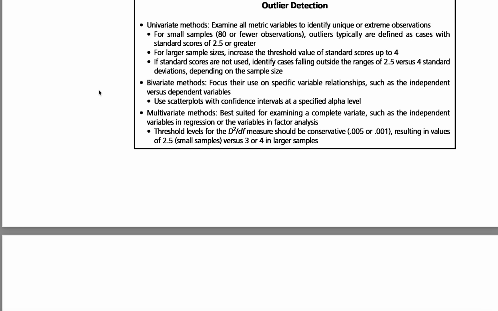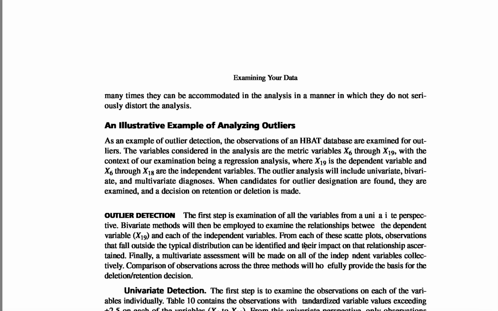The threshold level for the D2 measure should be conservative, 0.005 or 0.001, resulting in values of 2.5 in a small sample versus 3 or 4 in a large sample. Many times outliers can be accommodated in the analysis in a manner in which they do not seriously distort the analysis.